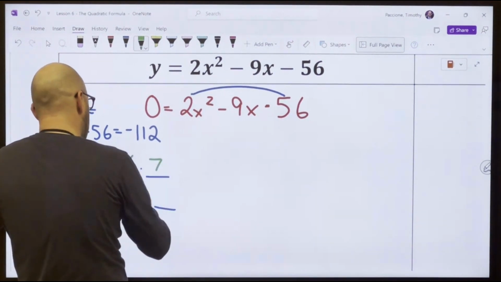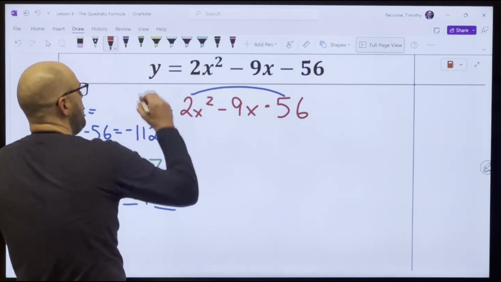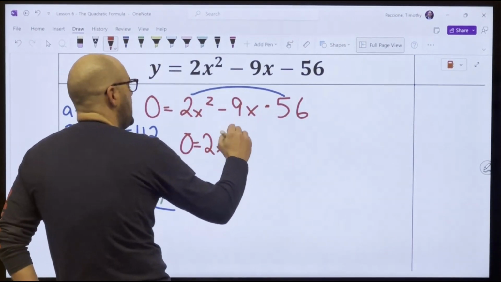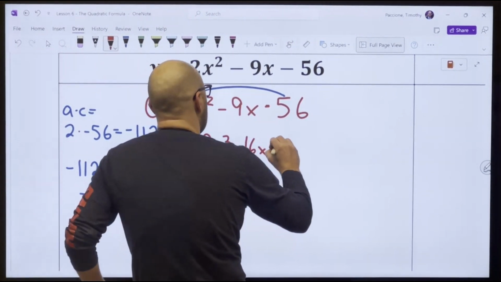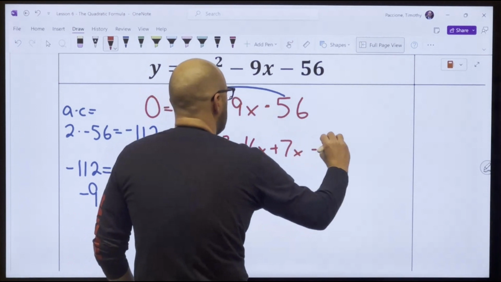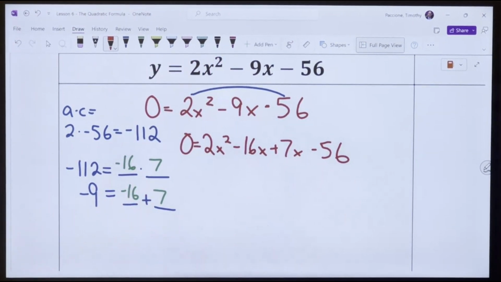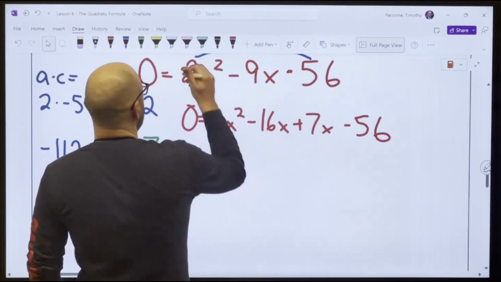Negative 16 and 7 works for both situations. Remember, for the rainbow method, we rewrite this as 2x squared, and instead of negative 9x, we write negative 16x plus 7x minus 56. Right? We just pull apart that b into two numbers. Now, I look for GCFs in each situation.